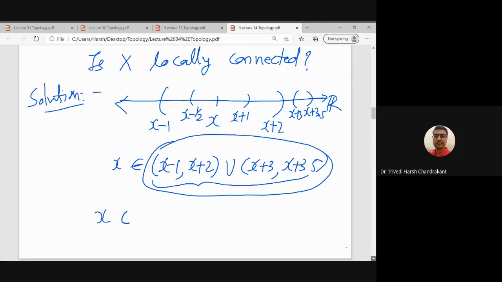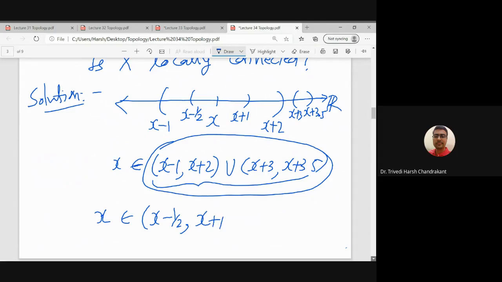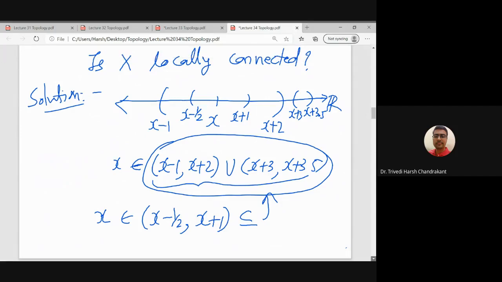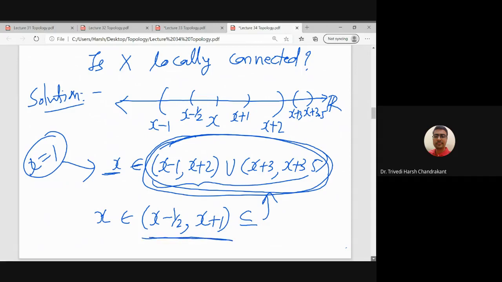So x is contained in (x minus half, x plus 1), which is a subset of this open set. You can take specifically x equal to 1 also for a more special example. Actually we need to show that for every arbitrary open set which contains x, I can find another open set which is contained in it.